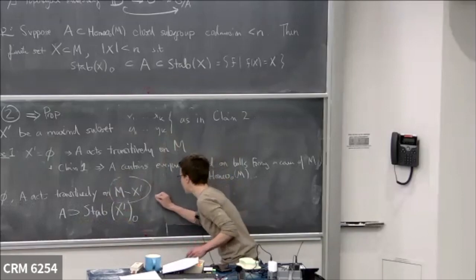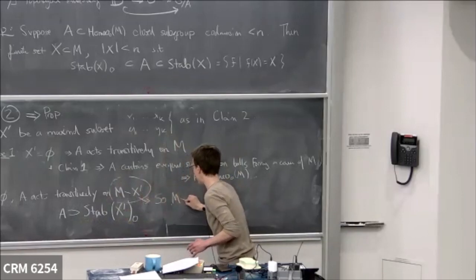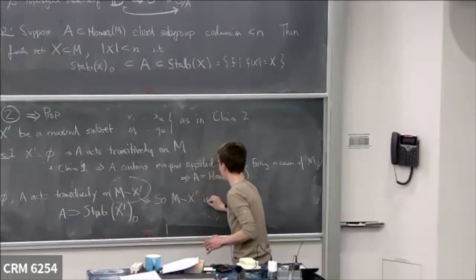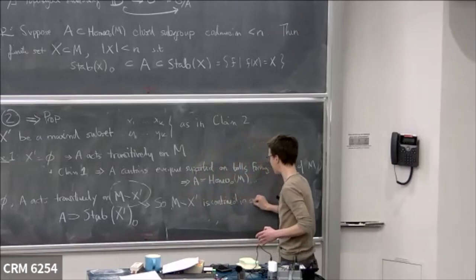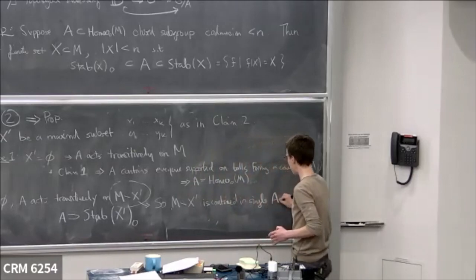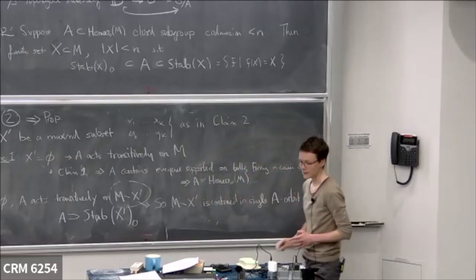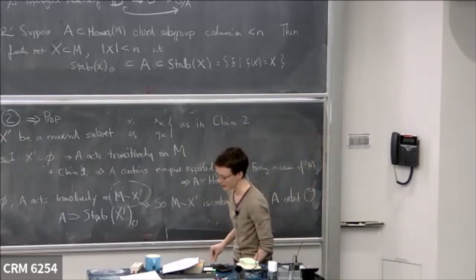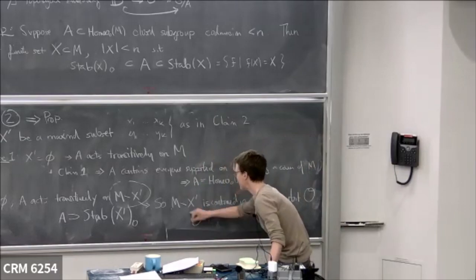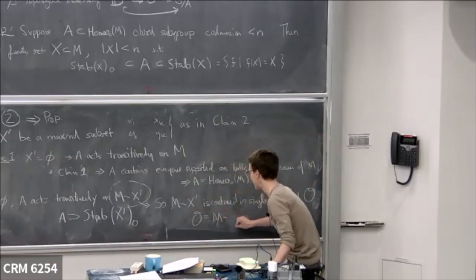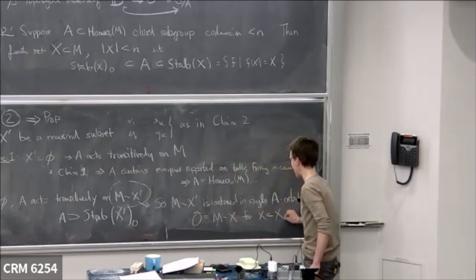Maybe I want to say, in other words, M minus X prime is contained in a single A orbit, let's say O, right? And O is equal to M minus, I don't know, X for some X, possibly a subset of X prime.